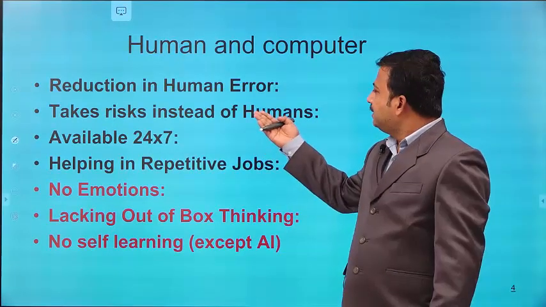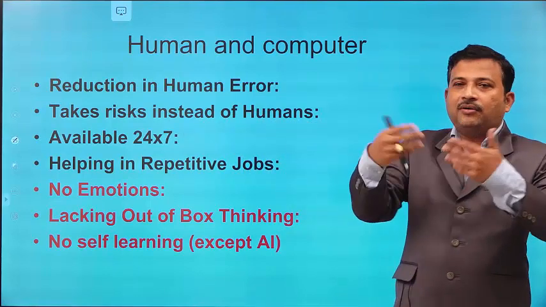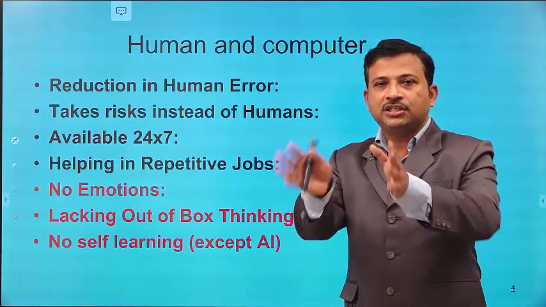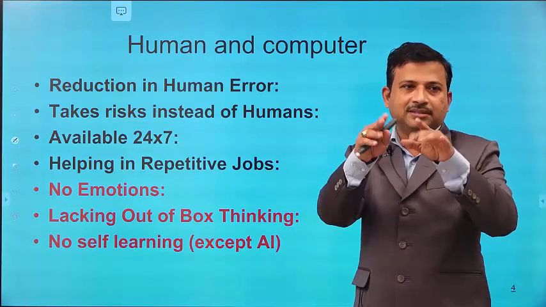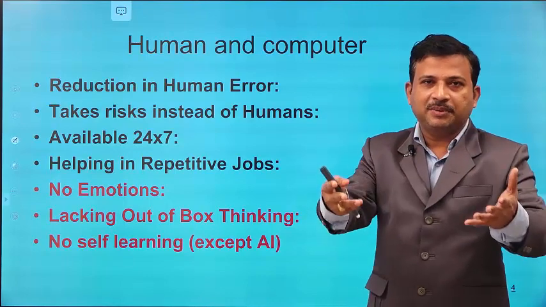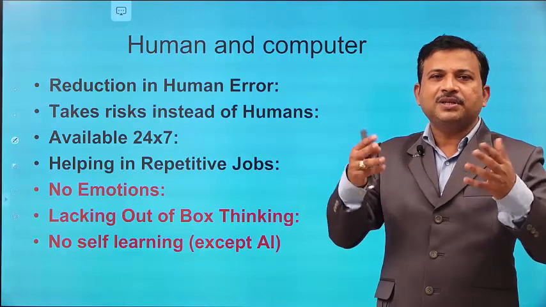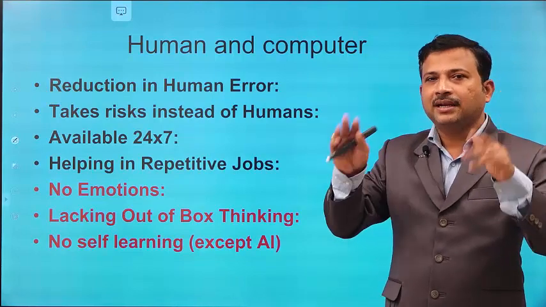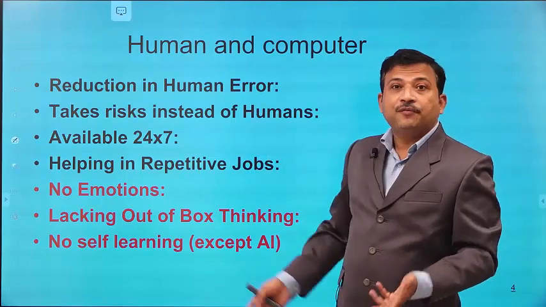Next, it takes risk instead of humans. Nowadays corona is going on, and we feel afraid to come into that picture. But if it is a robot, if it is a system, then obviously it can go there. So risk can be taken if you digitalize something. Also, it can work 24 into 7 hours.